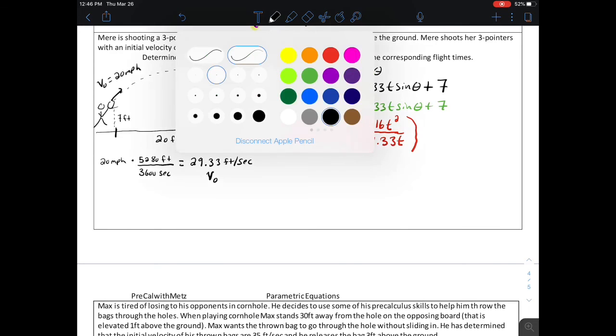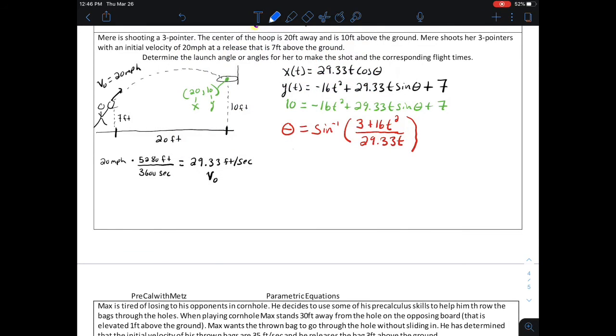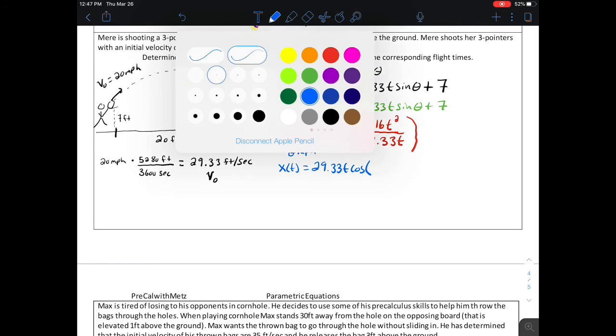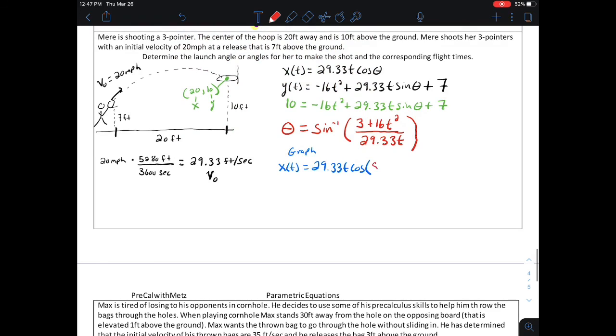So we're going to graph x of t equals 29.33t times cosine of, and then that's where I'm going to put in for theta this inverse sine.